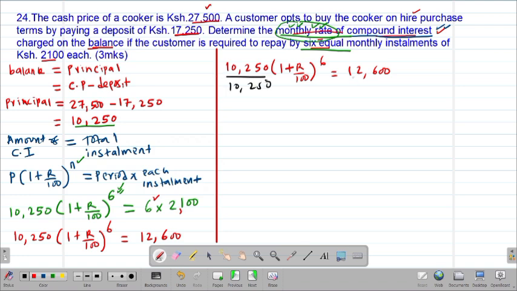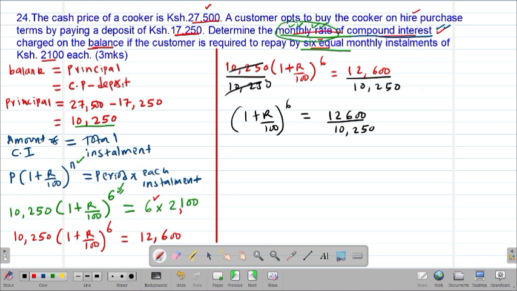Then you're going to divide through by 10,250. I also divide this side by 10,250, so of course these two will cancel out. So we are remaining with 1 plus R over 100 to the power of 6 being equal to 12,600 divided by 10,250.